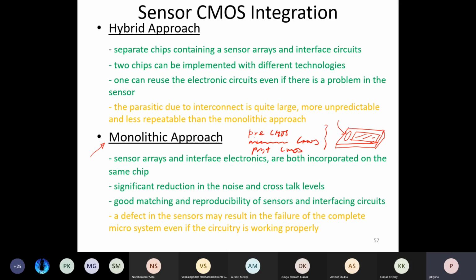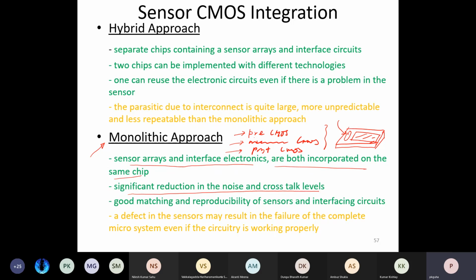Okay, that has a lot of advantages, some disadvantages also. But if you want to do that, you have to follow either pre-CMOS, intermediate CMOS, or post-CMOS integration, because your circuit and your sensor or other device are on the same chip, right? So here you see the sensor array and interface electronics are both incorporated on the same chip. Significant reduction in noise and crosstalk levels.